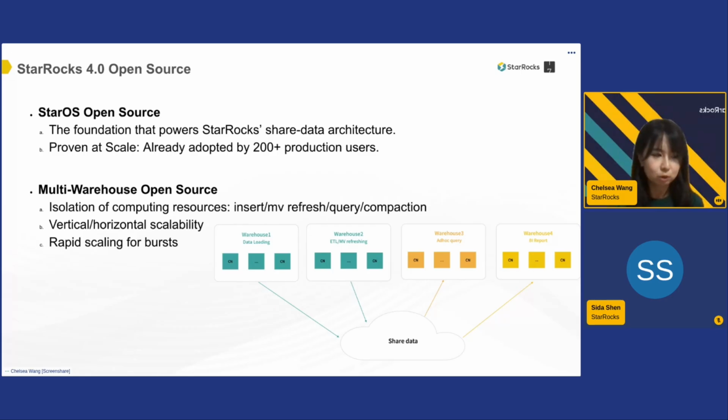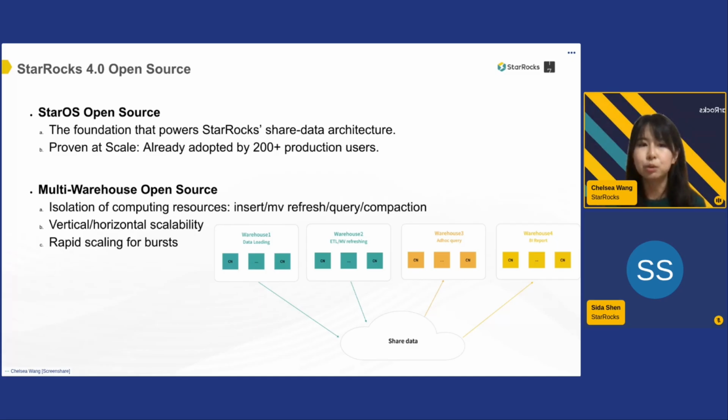So this truly brings enterprise-grade resource isolation. You can split your workloads. Like you can have one warehouse for your queries, one warehouse for your data loading, and one warehouse for compaction jobs and materialized view refreshing, etc. So those different warehouses won't interfere with each other.